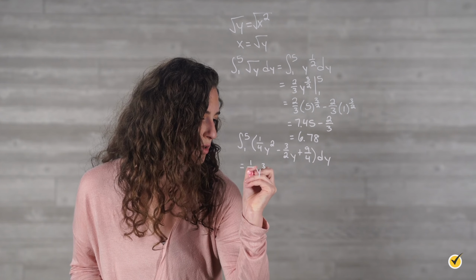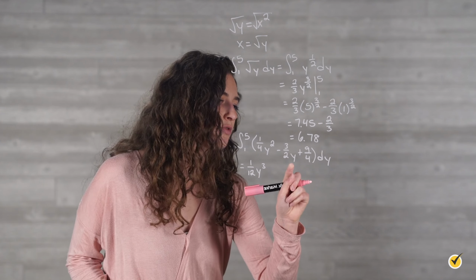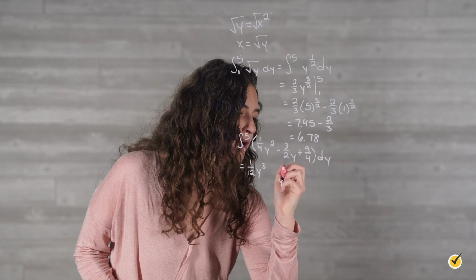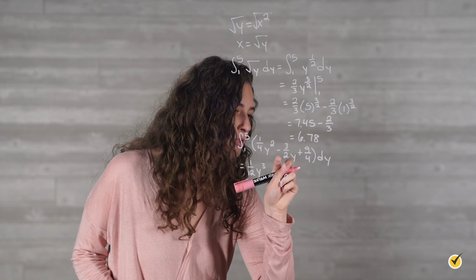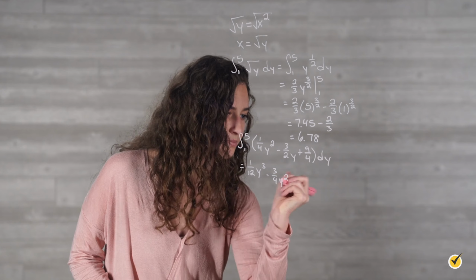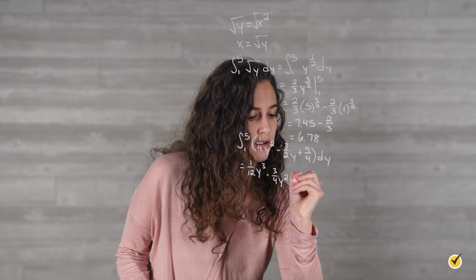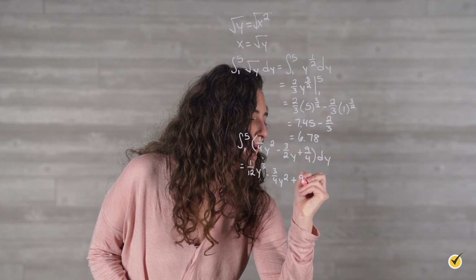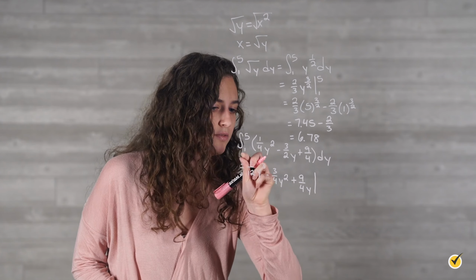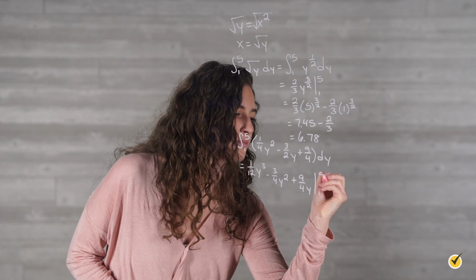1/4 times 1/3 is 1/12. Then we'll move on, and we'll have y to the first power increases to y to the second power, and then we'll multiply negative 3/2 by 1/2, which gives us negative 3/4. And then we integrate 9/4 by adding a y to the end. And then we'll evaluate all of this from 1 to 5.